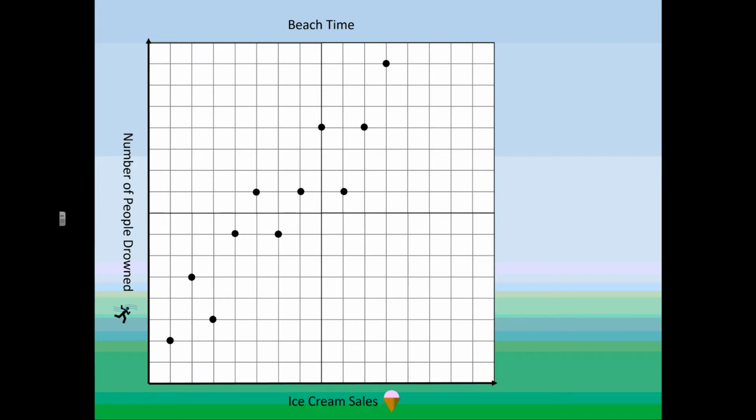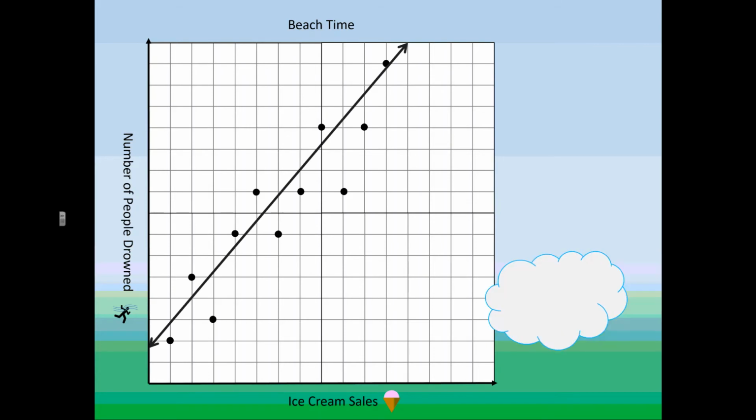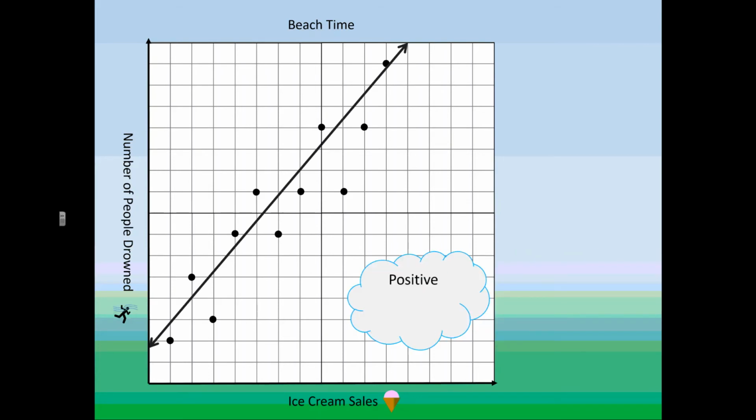Which, you know, sounds cruel. But they got that it followed the line, and it was a very positive, very strong correlation. As one goes up, the other goes up. Everything was very tight to the line.